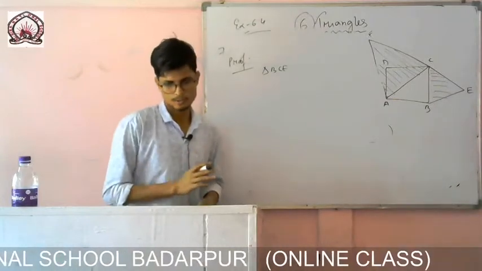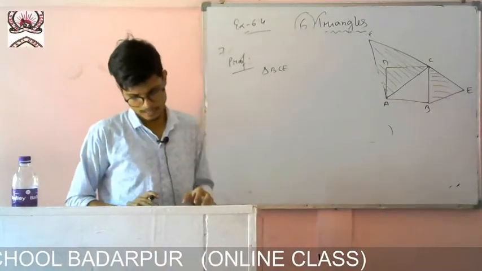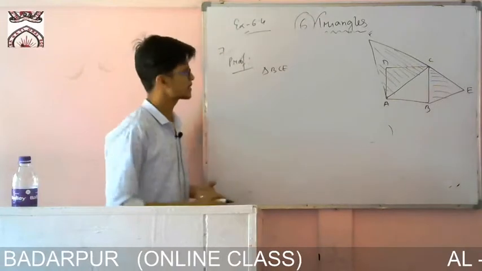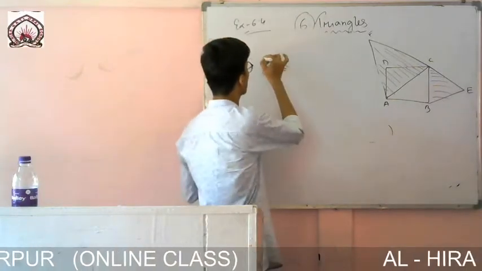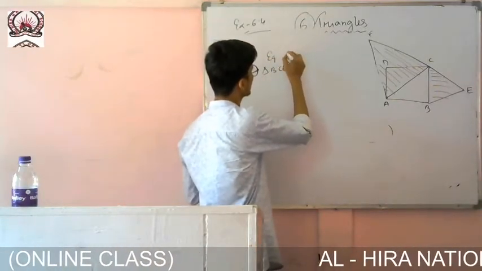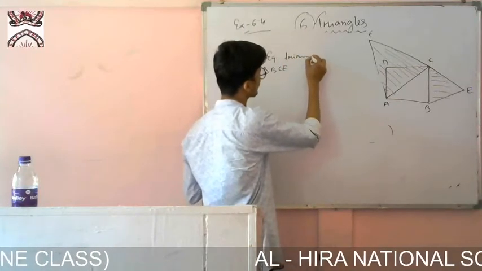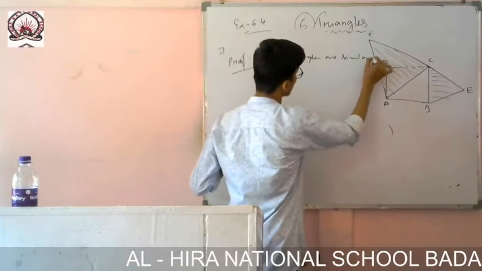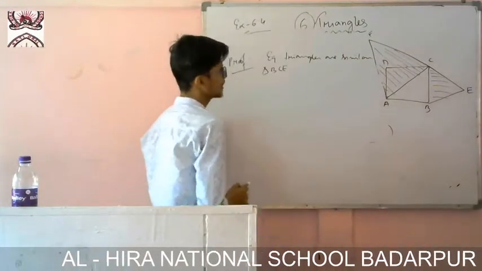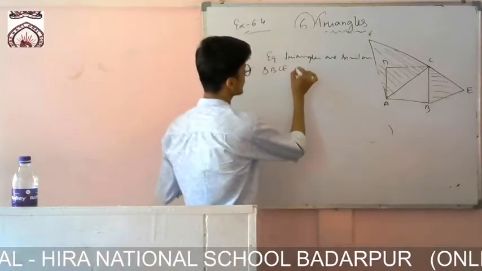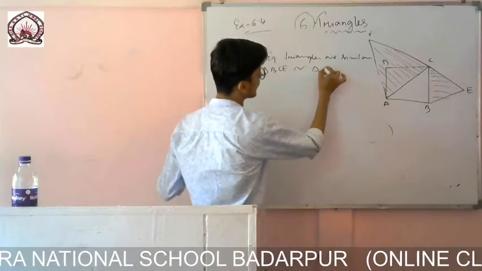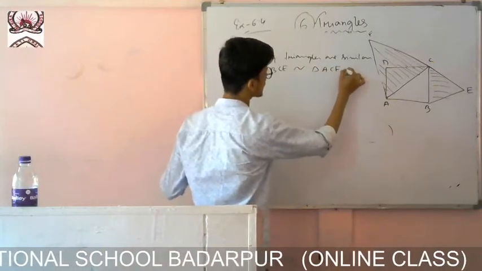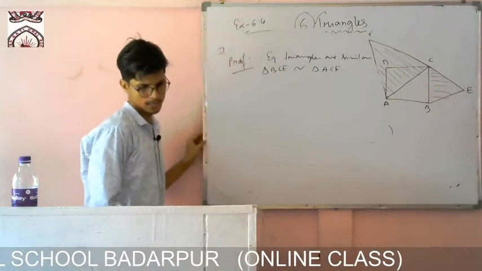Whatever it may be, it may be of different edge lengths, but equilateral triangles we take as similar. So I can write, since equilateral triangles are similar, triangle BCE is similar to triangle ACF.